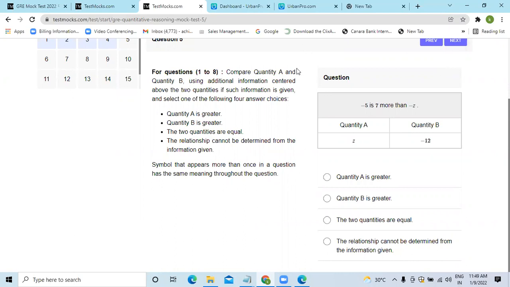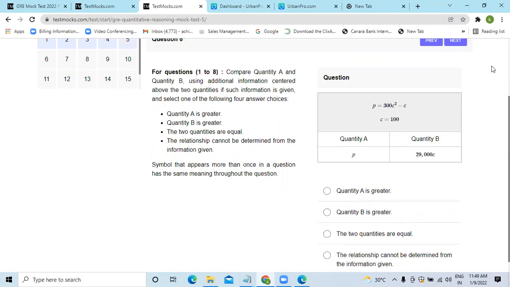Quantity A is greater. Quantity A is greater, sir.